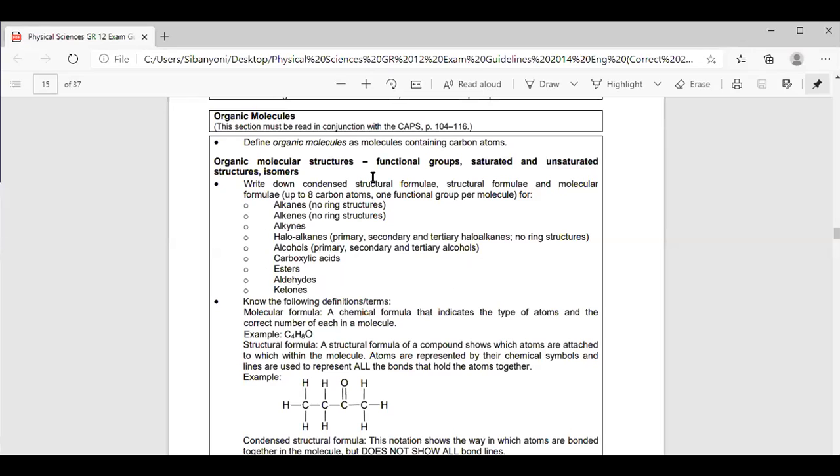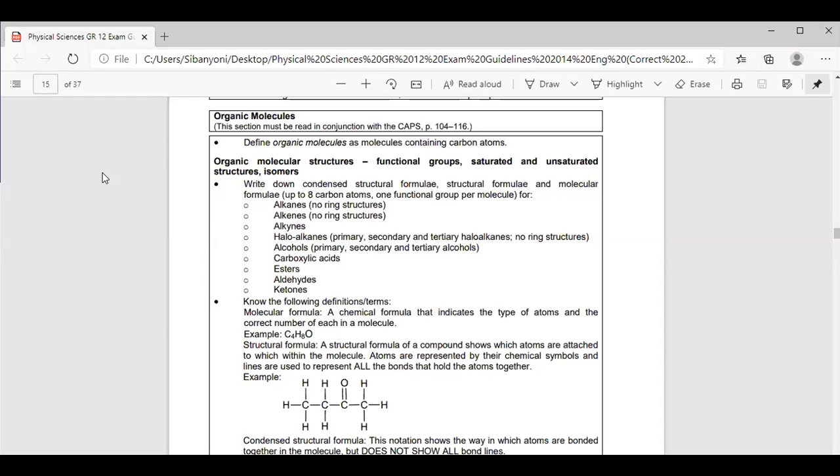Now, under nomenclature, this is a section where we name organic compounds, where we identify organic compounds in terms of their homologous series, which homologous series they belong to.